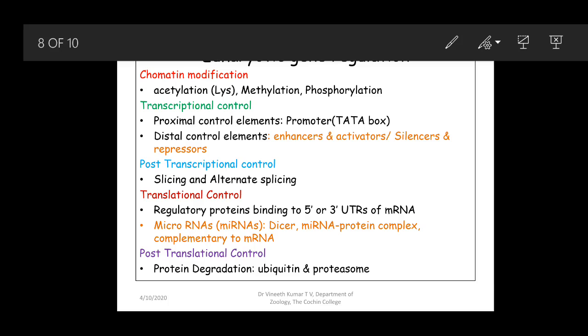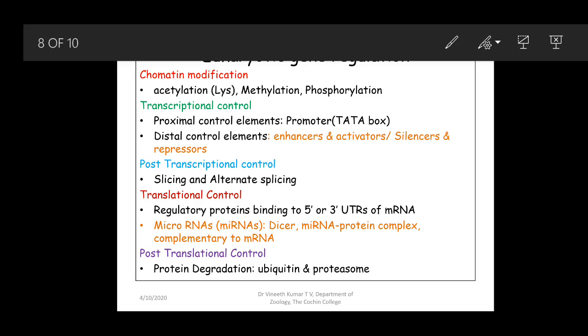Splicing and alternative splicing. Splicing is, in a eukaryotic mRNA, the mRNA is not actually translated as a mature mRNA. It is transcribed in a form which is to be modified, and then an mRNA is to be formed.